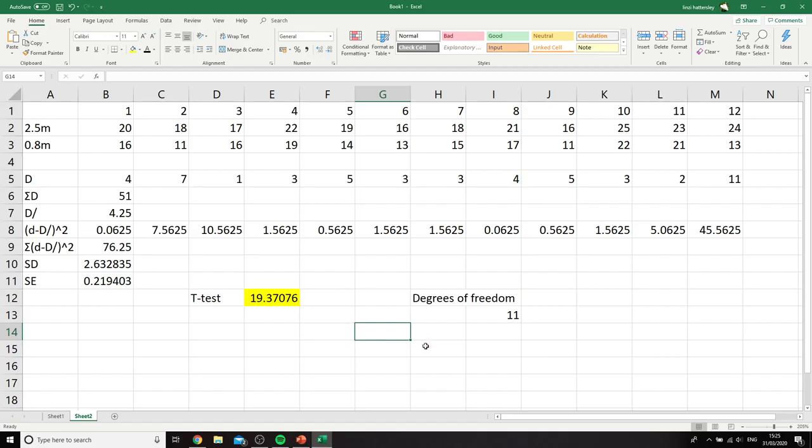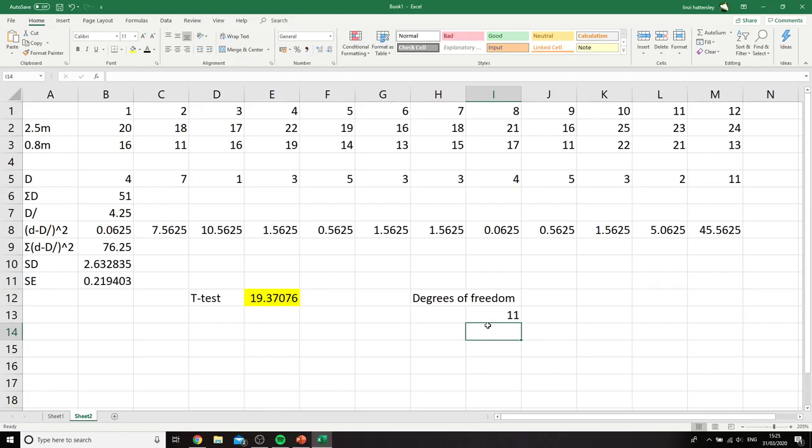Now what you'll find is you can actually go higher with this if you wanted to. So instead of P being equal to 0.05, you can have P as 0.01, which is the highest that you can go.